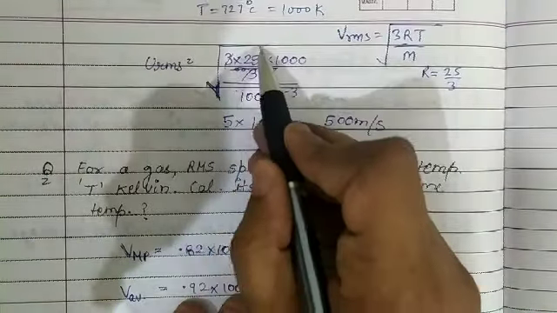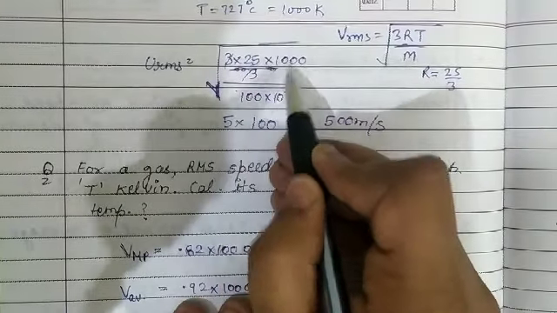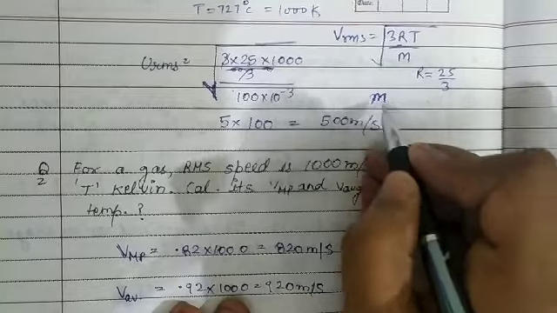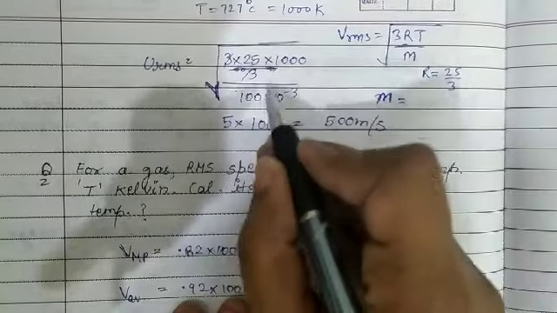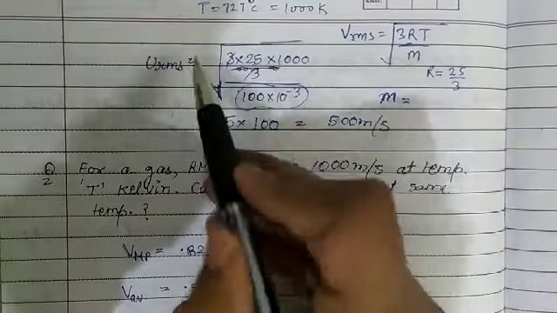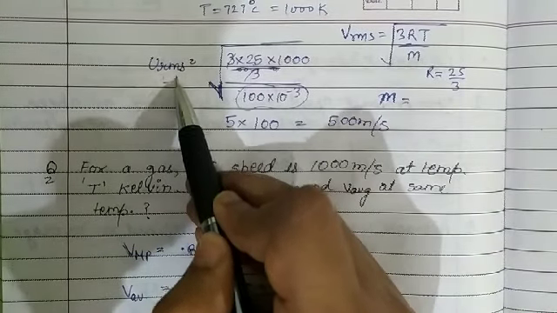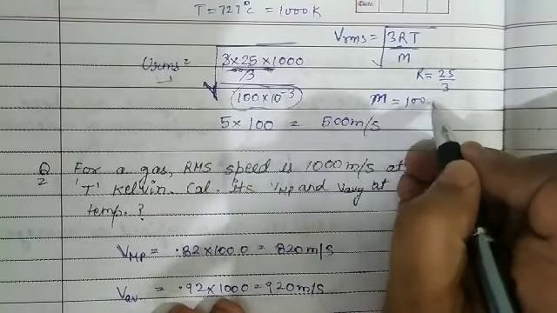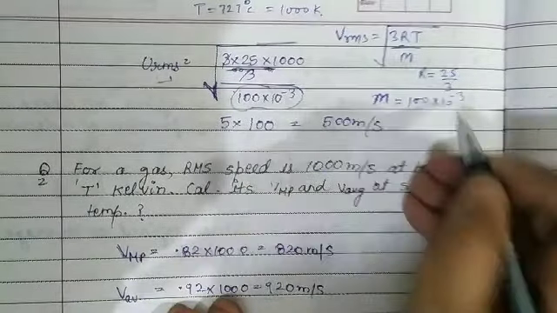So under root of 3 RT upon M, as mass is given in gram, convert the molecular mass into kg, because we are looking for the MKS unit, meter per second. It will be 100 into 10 to the power minus 3 kg.